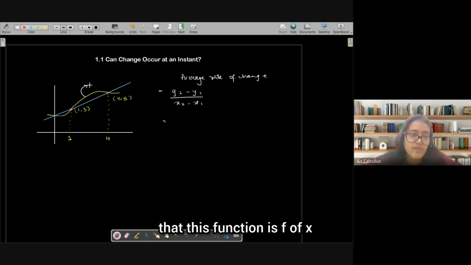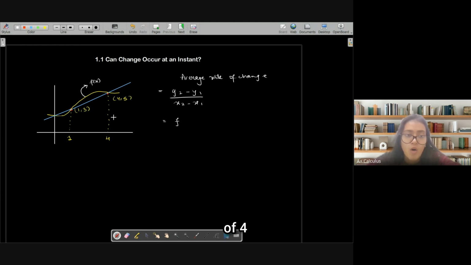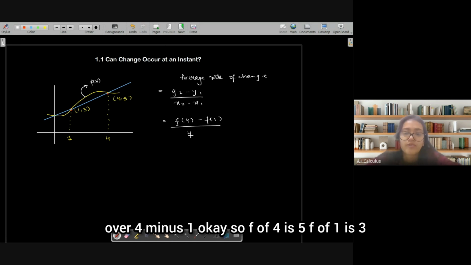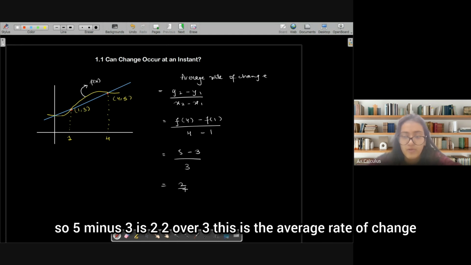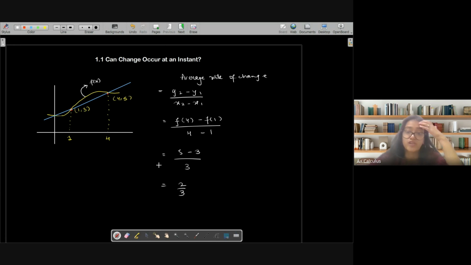Let's call this function f of x. So this is going to be f of 4 minus f of 1 over 4 minus 1. f of 4 is 5, f of 1 is 3, and 4 minus 1 is 3. So 5 minus 3 is 2, 2 over 3. This is the average rate of change.